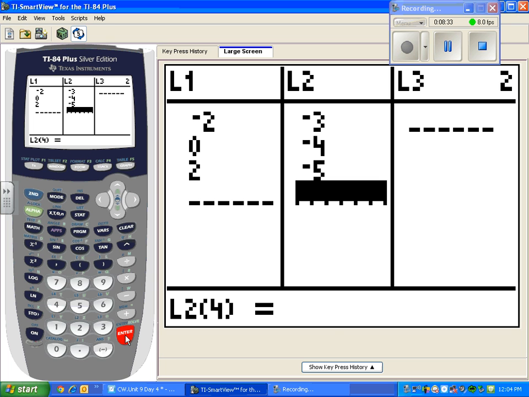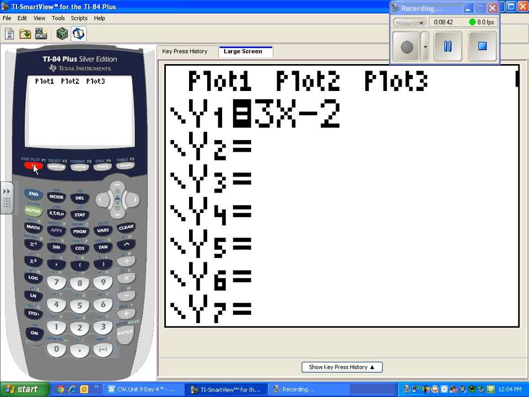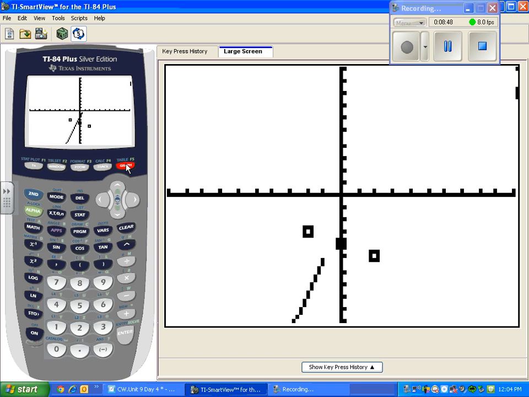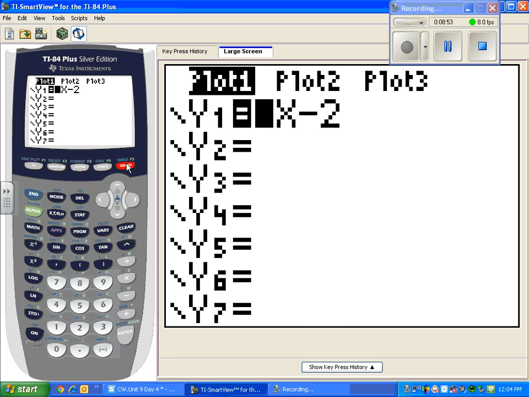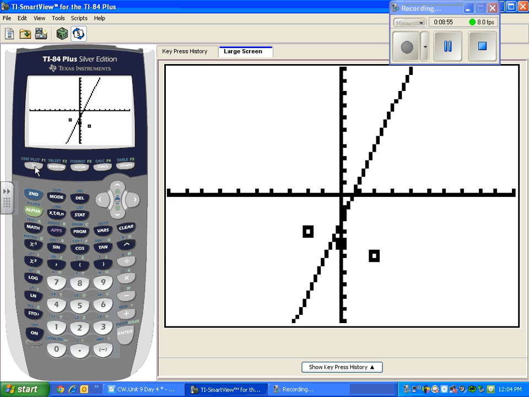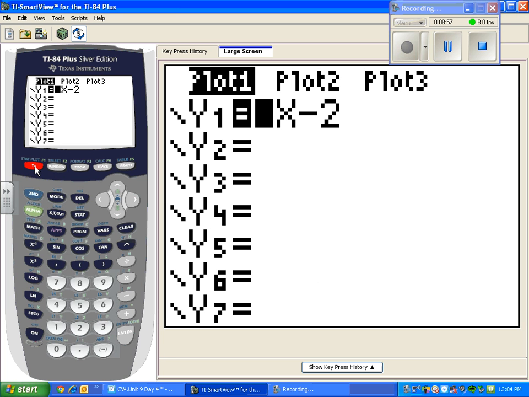Okay? Now, we can check to make sure this is a straight line. I guess we can do that. Sure, we can go back and plot it real quick. Turn the plot 1 on and do graph. We can see these points line up in a straight line. Of course, there's our other line, which we should clear out, right? Y equals clear.